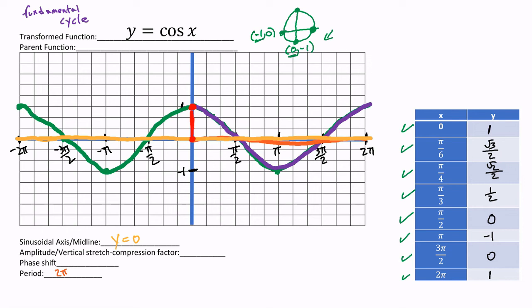So this distance is our amplitude. It's the same distance from the minimum to that middle line. So this is also the amplitude. So here our amplitude is 1 because that distance is 1.